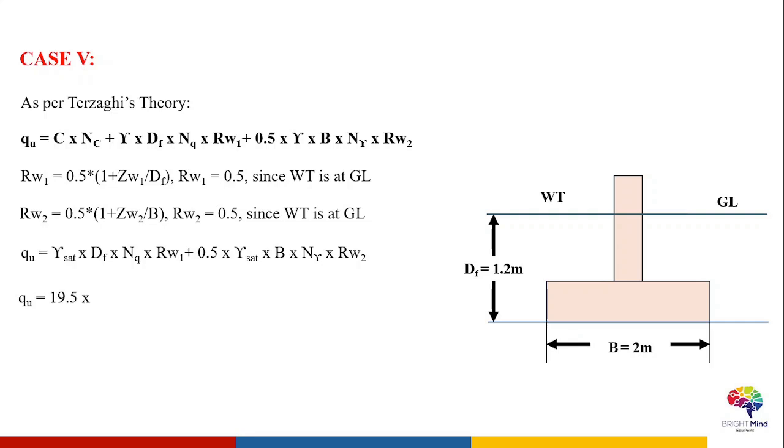So we'll substitute the values accordingly in the equation, and on solving we'll get the value of ultimate bearing capacity as 897.78 kilonewton per meter square.